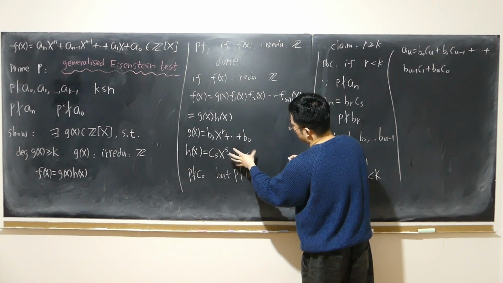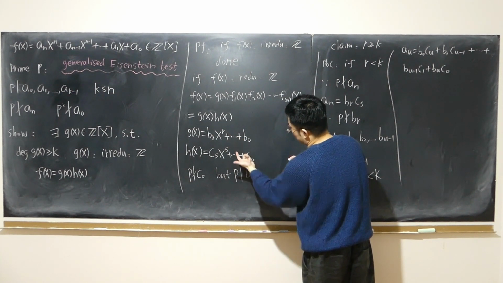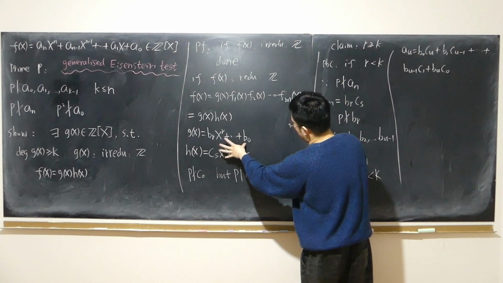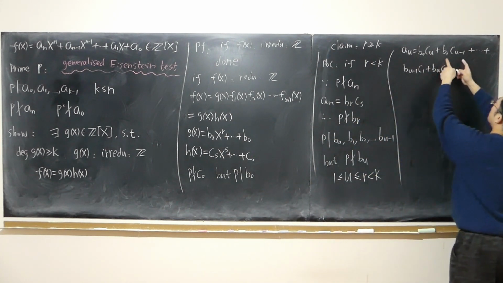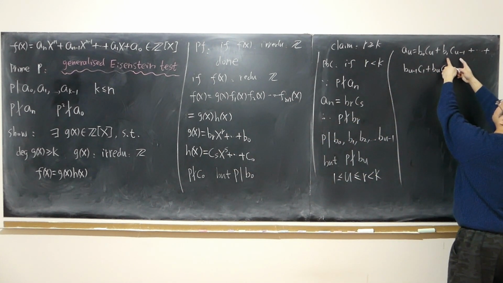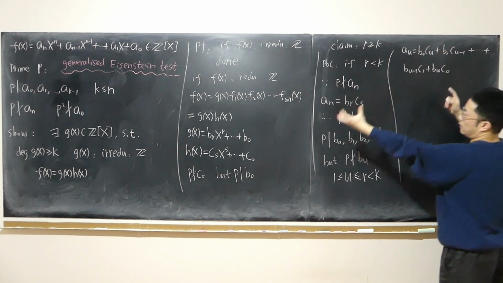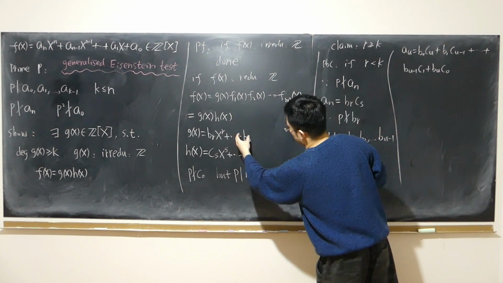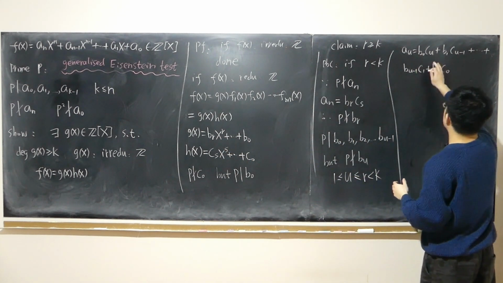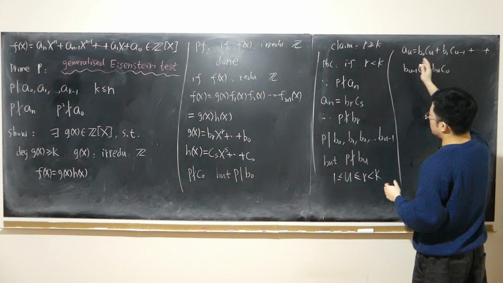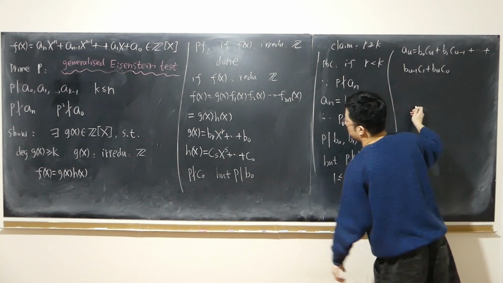Perhaps it's this constant times the other constant. As long as the subscripts of the constants add up to u, that's a possible combination. So this times that, that times this, every possible combination, we just add them together, gives us the constant A_u.